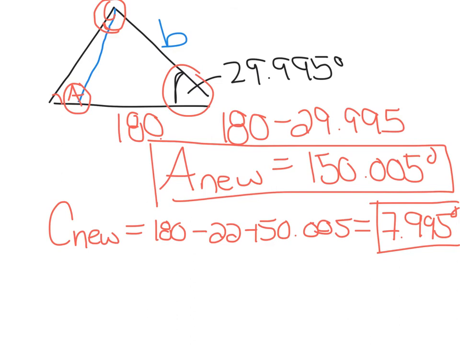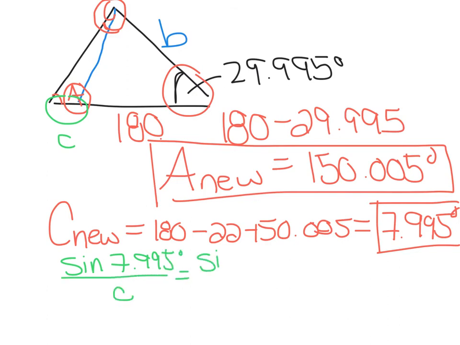Now that we have a new C, we have to do a law of sines one more time to find what this little side down here at the bottom needs to become. This side right here should be little c. So I'm going to do sine of my 7.995 degrees over little c equals sine of 22 degrees over my 16.8.